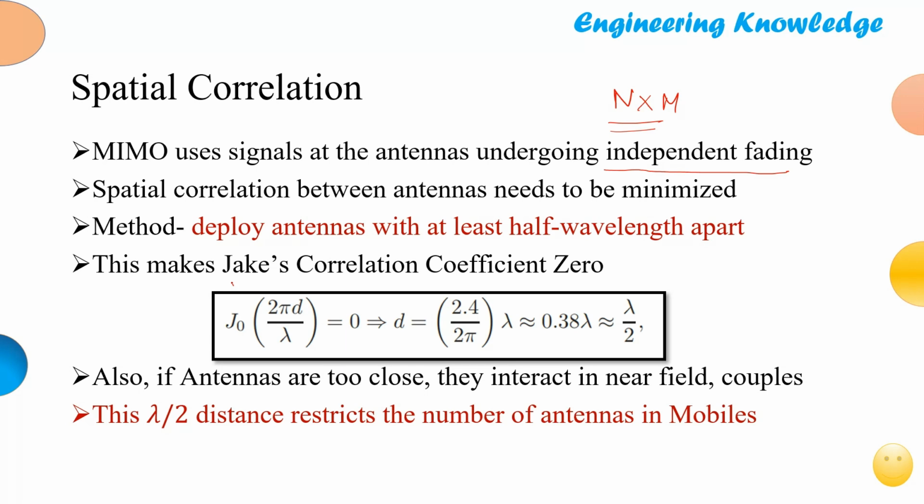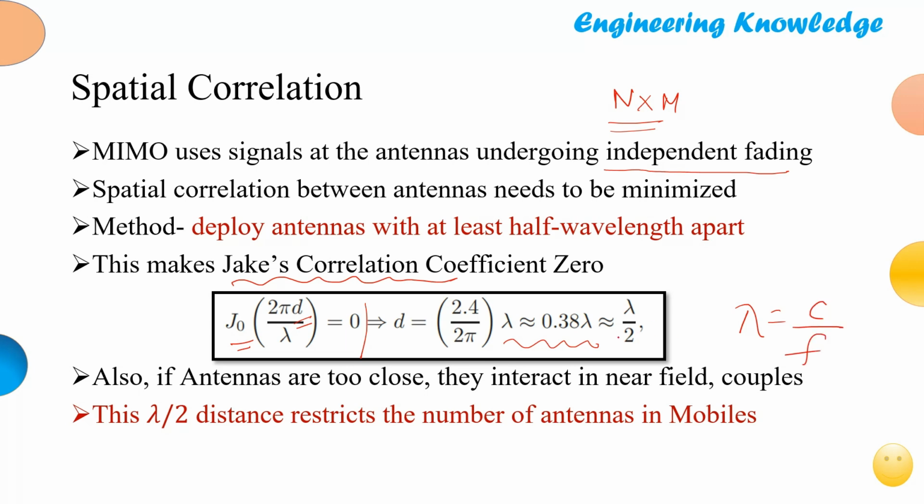For that, the correlation coefficient, the Bessel function J naught of 2 pi d upon lambda, is made to be zero, and this gives rise to approximately making the distance of separation between two antennas 0.5 lambda. Lambda is the wavelength at the operating frequency, so lambda is equal to c upon f, right?